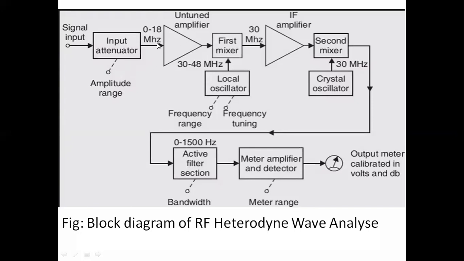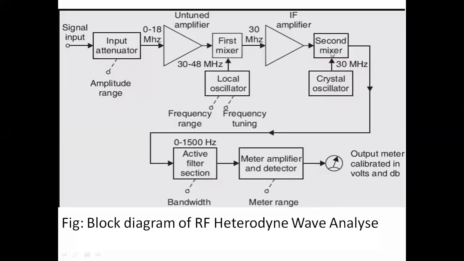Generally we can analyze the radio frequency range of 10 kilohertz to 18 megahertz with this radio frequency heterodyne wave analysis. After that, the amplified signal will be applied to the first mixer.